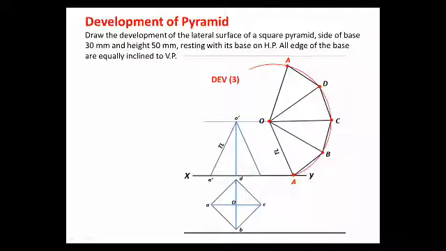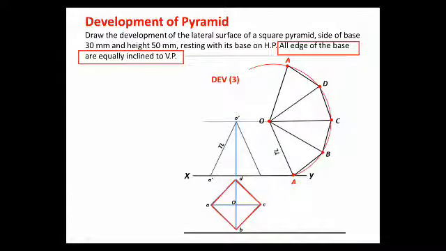We should know the front view and top view of pyramid. In top view, you will get this surface. This is the square pyramid, so you will get this A, B, C and D in this position, because it is mentioned all the edges of base are equally inclined to VP.